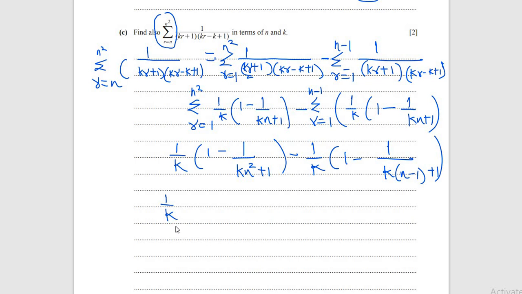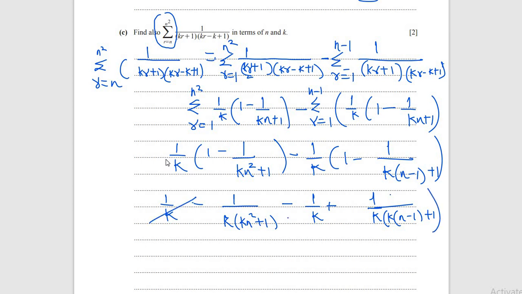1 over k into bracket 1 minus 1 over k n squared plus 1, minus 1 over k, here will be plus 1 over k into bracket 1 over k times n minus 1 plus 1.